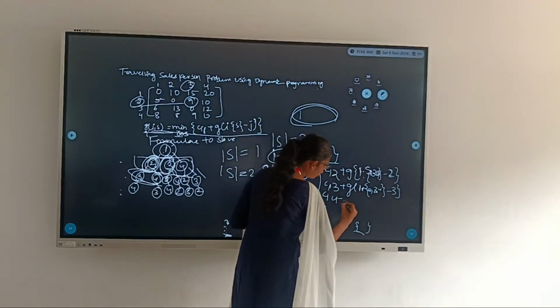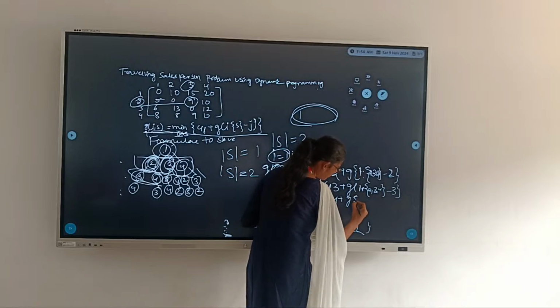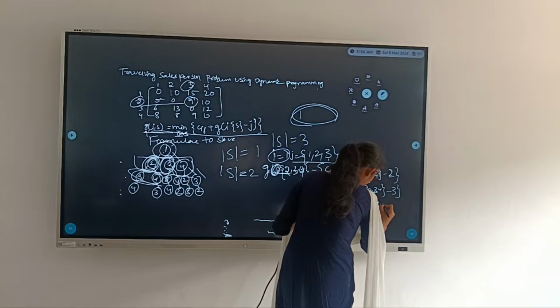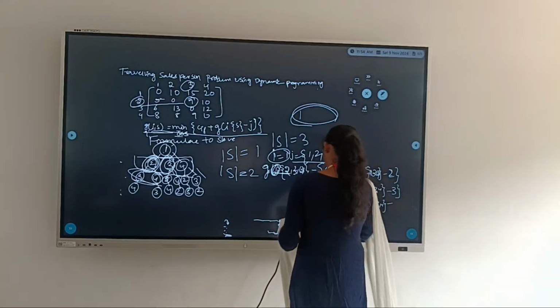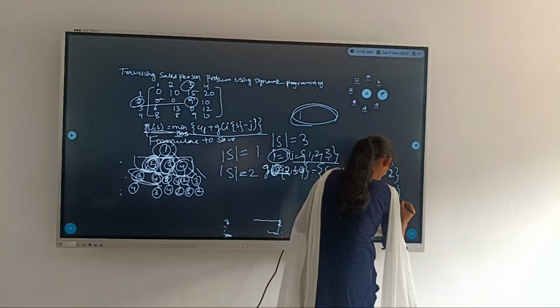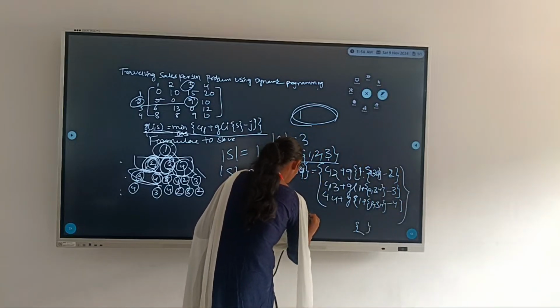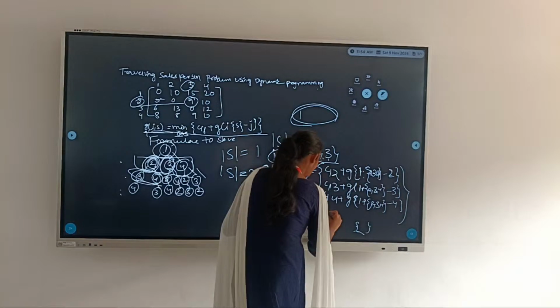So C14 plus g of minus 4. By solving this, we can get the minimum value nearly 35.